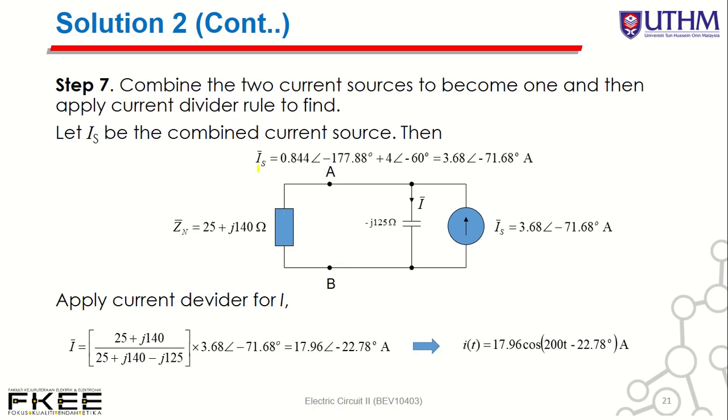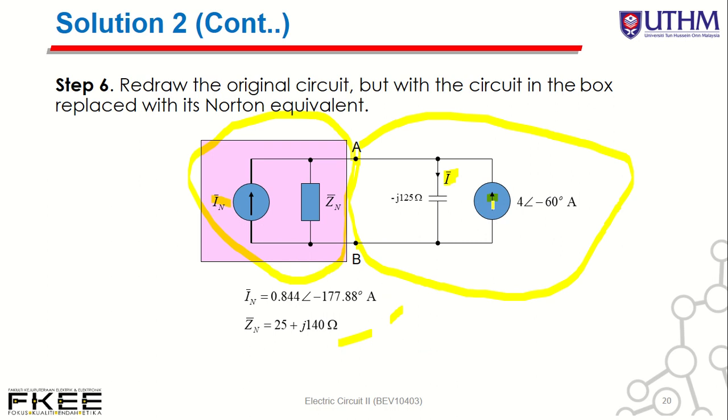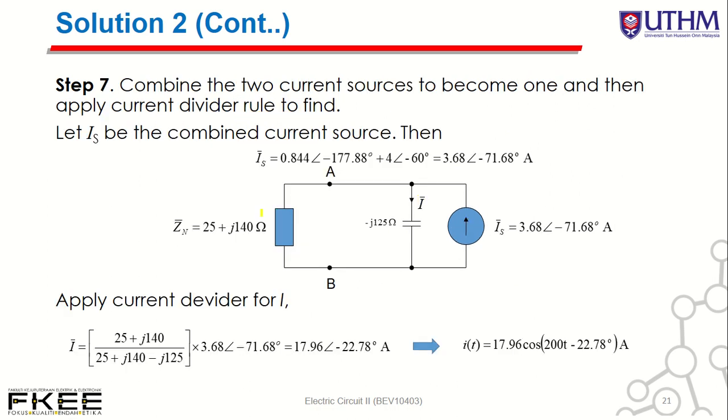Let's say I1 plus IN equals IS, so IS equals I1 plus IN. So it becomes one current source, and you have a ZC and then you have ZN.